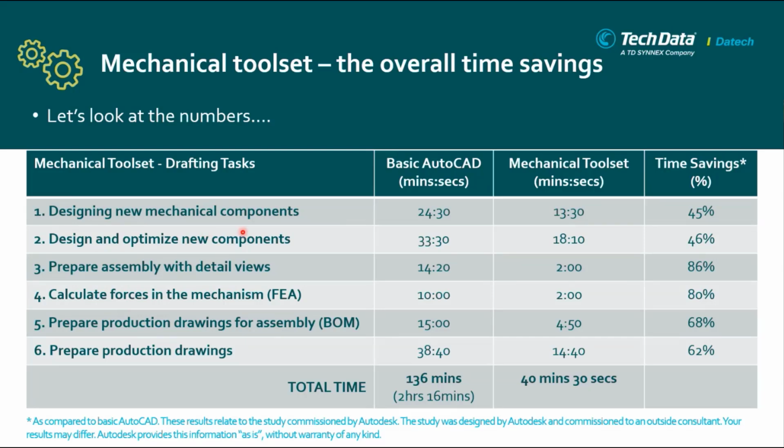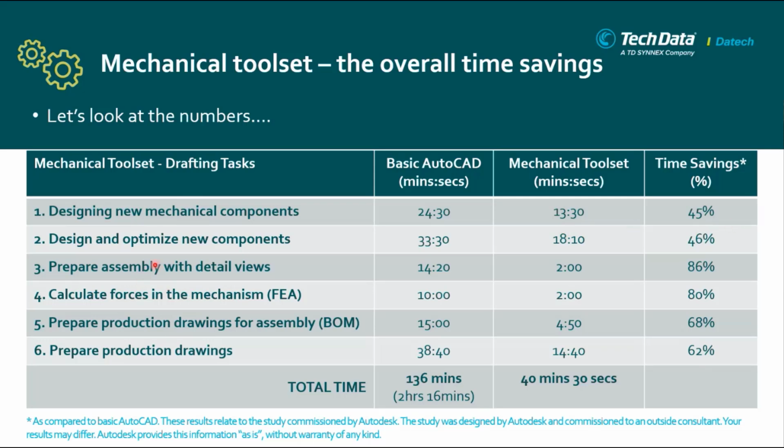For designing a new mechanical component in basic AutoCAD or any other clone CADs, you spend around 24 minutes and 30 seconds, but in Mechanical Toolset it is just 13 minutes. Half your valuable time could be saved.